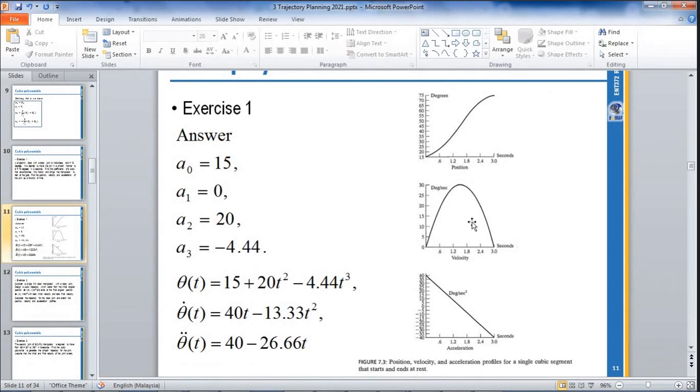Then we finish our robotic subject. Next week I will continue a little bit on robot trajectory and then continue with robot work cell, to finish your robotic subject for this semester.